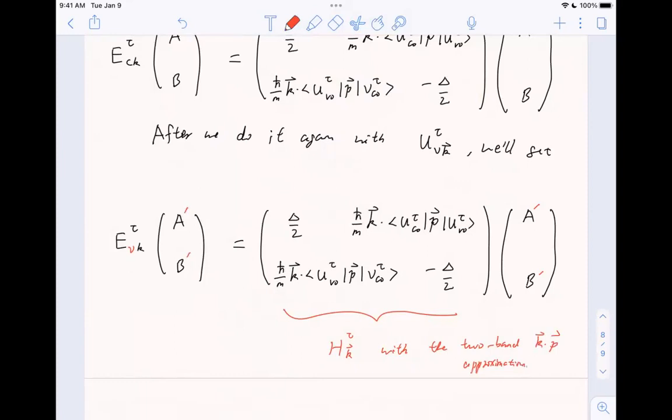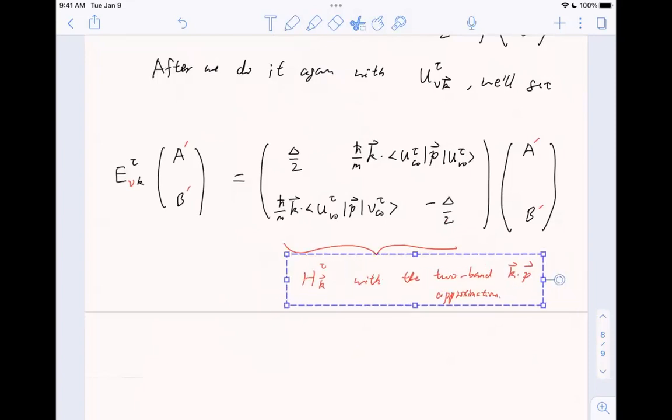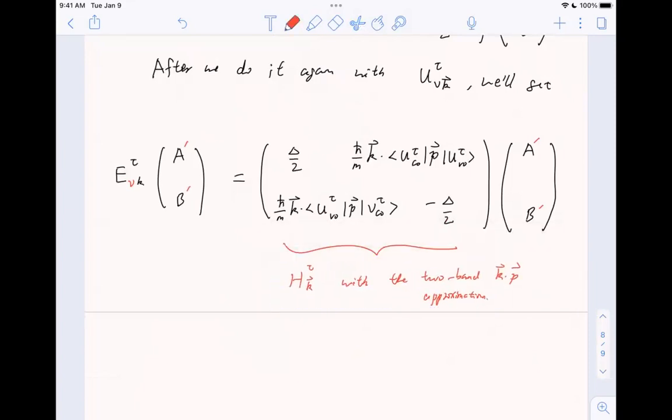You can call it the K dot P, of course, to the K order, because we neglect the K square. If you include the K square, you'll get a more complicated one, but it's still 2 by 2.